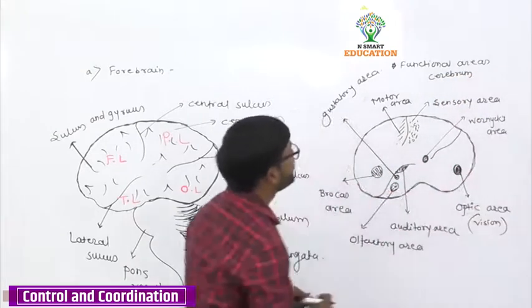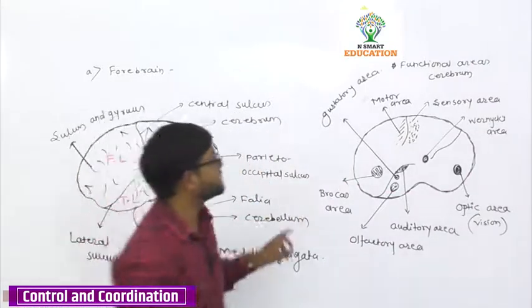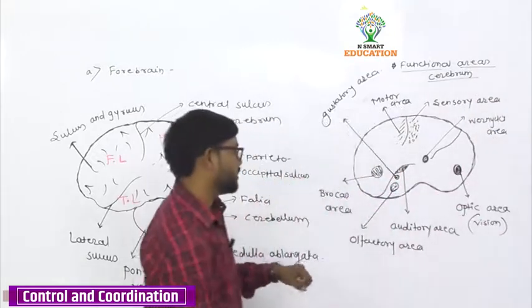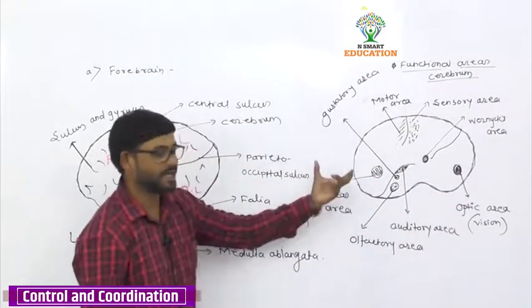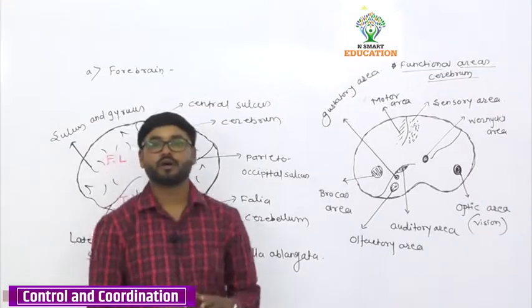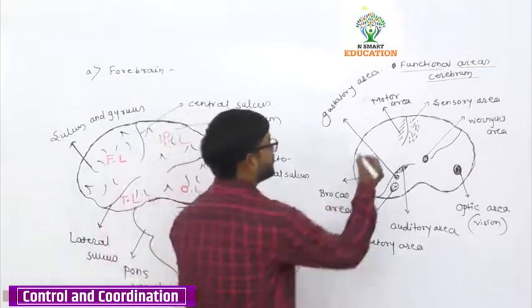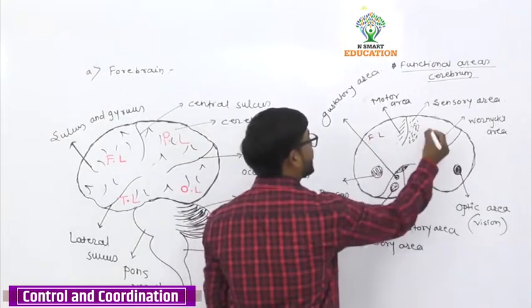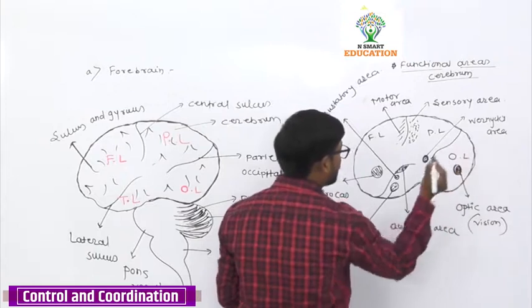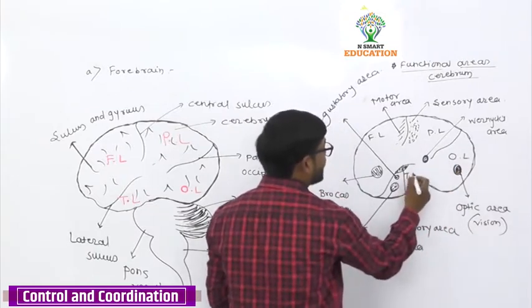Here some areas are present. One more very important thing: this is the frontal lobe, this is the parietal lobe, this is the occipital lobe and this is the temporal lobe.